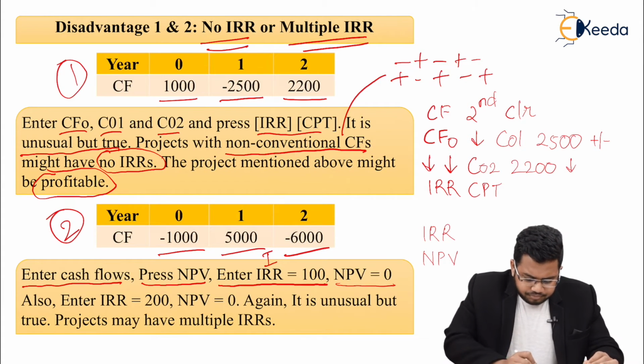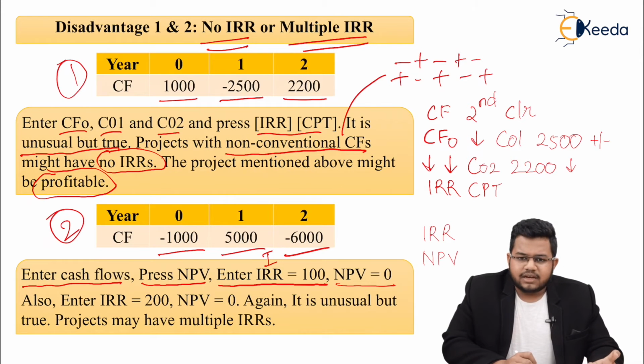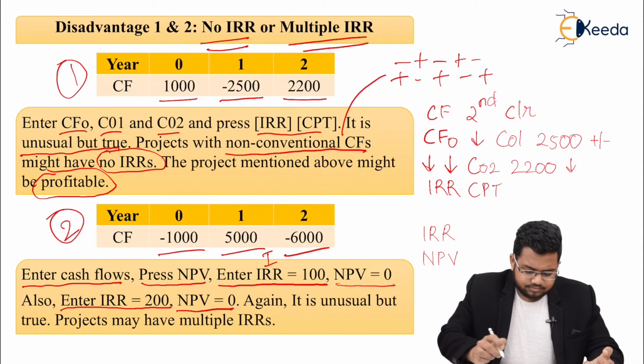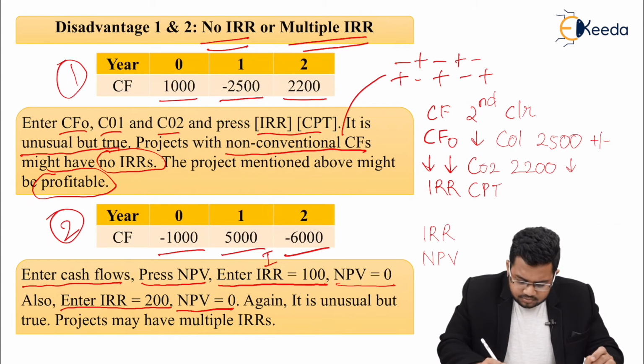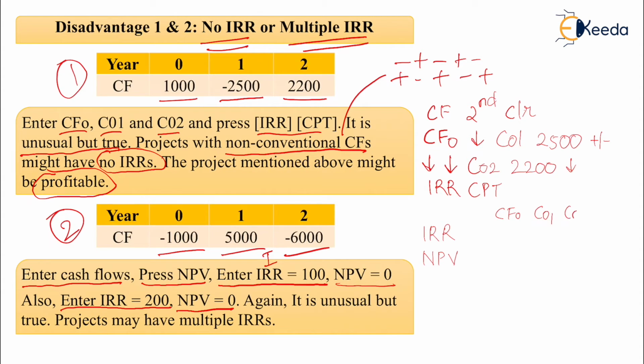Similarly, you have already entered the cash flows. Now press NPV again, then enter interest rate as 200, and again NPV would be 0. So basically what you are doing is, first you have entered all the cash flows, CF0, C01, C02. Then you press NPV. Whenever you press NPV, the Calc would ask you I equal to something, interest rate.